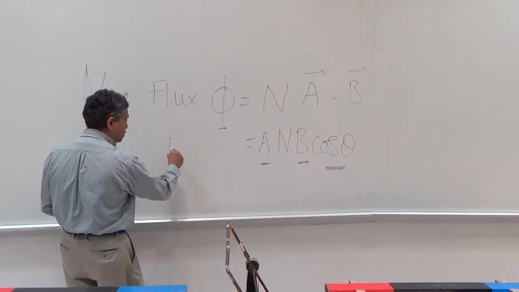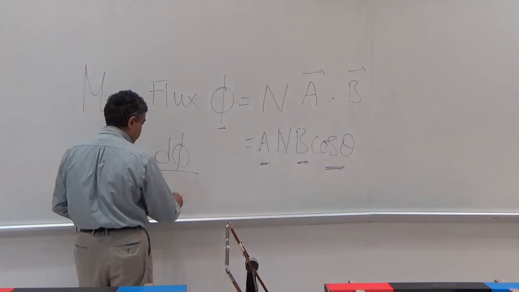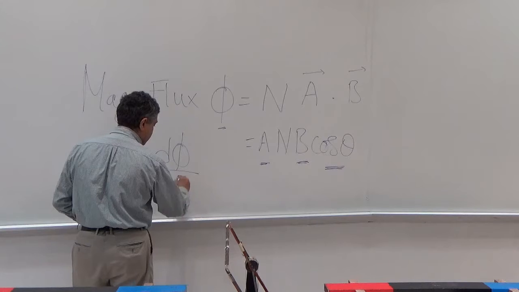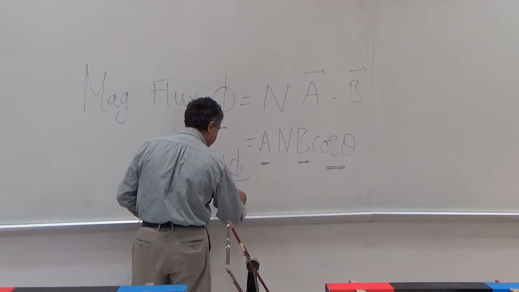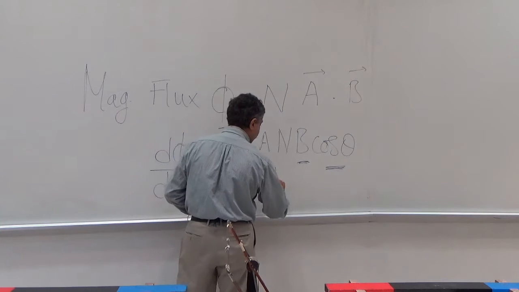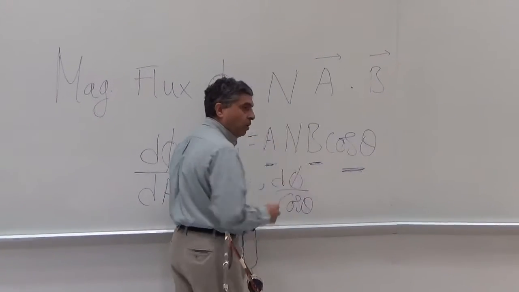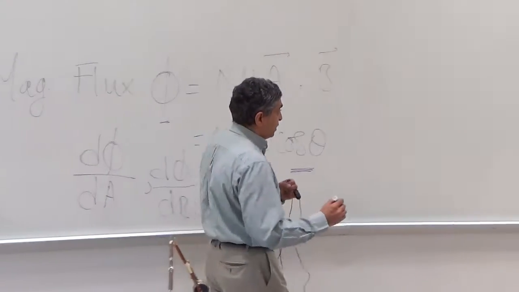And the change in flux, d phi, whether it's the change in flux with dA, or the change in flux with the magnetic field, or the change in flux with the cosine of the angle, all of those things can result in an induced electromagnetic field.